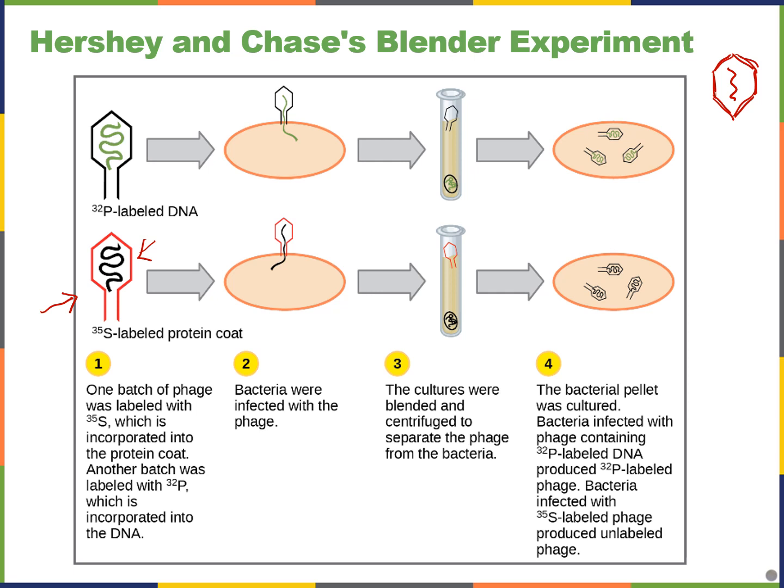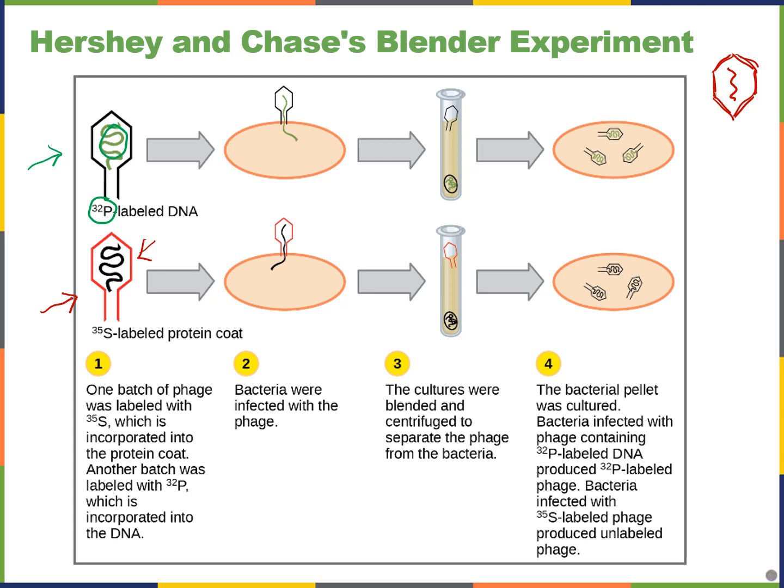And in the other batch, the other set of tubes, they labeled only the DNA because they realized that phosphorus is present in DNA, but not present in proteins. So here, the DNA is labeled, and this is radioactive labeling.